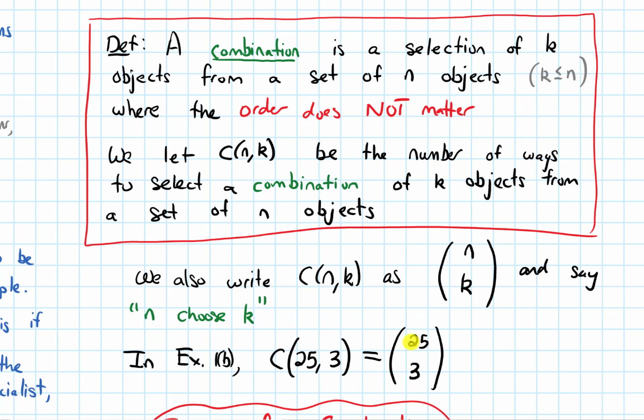I say this in words as 25 choose 3. I can think of that as choosing 3 objects from a group of 25. And what did this equal? Well, it was 25 times 24 times 23, then we divided by 3 factorial. And when we worked it out, we got 2300. And that was our answer.